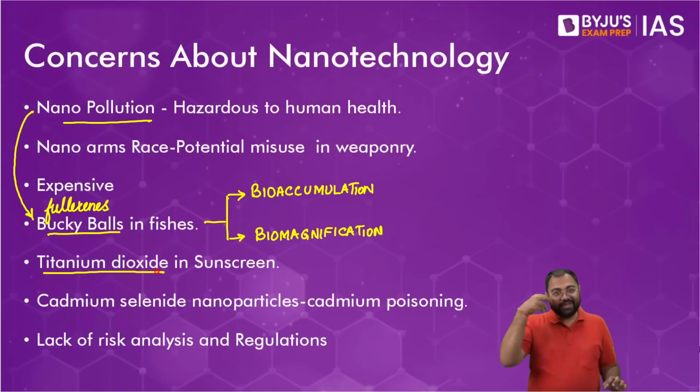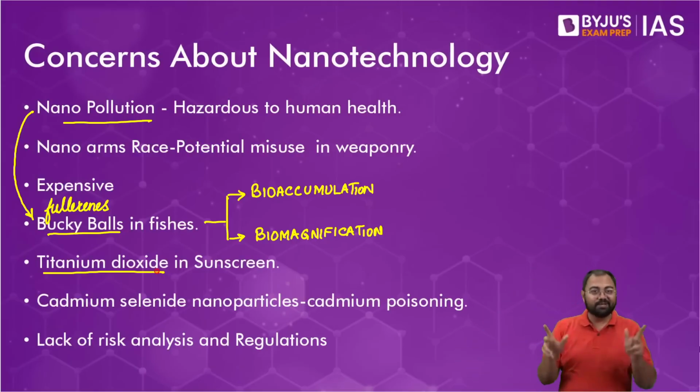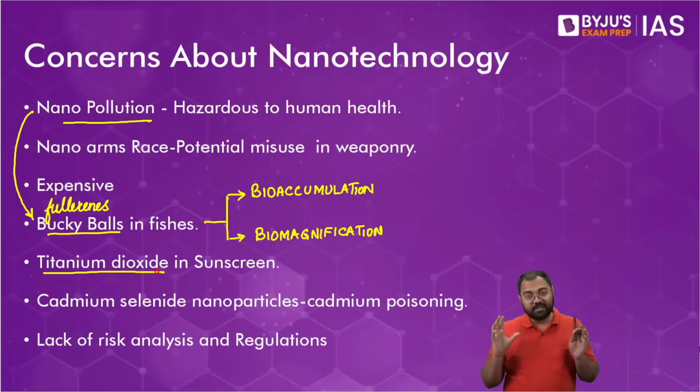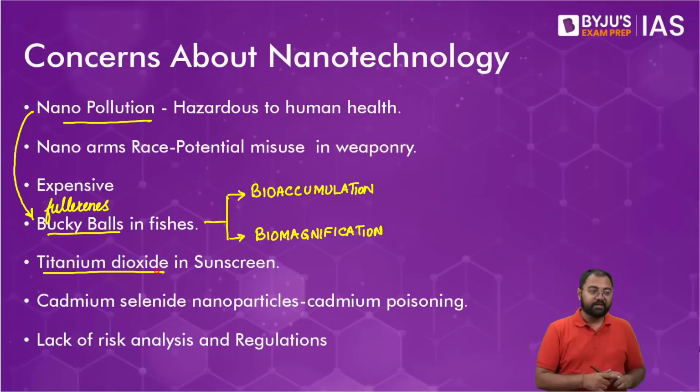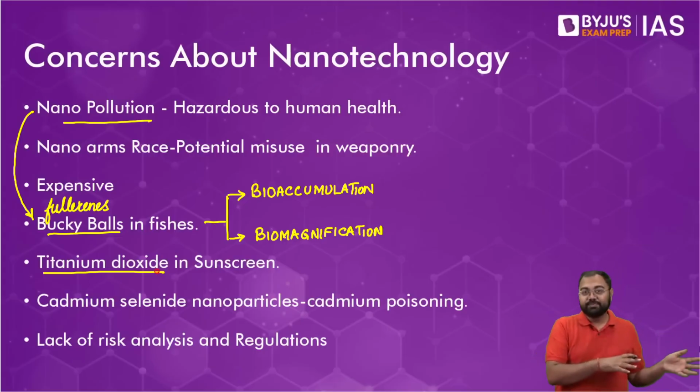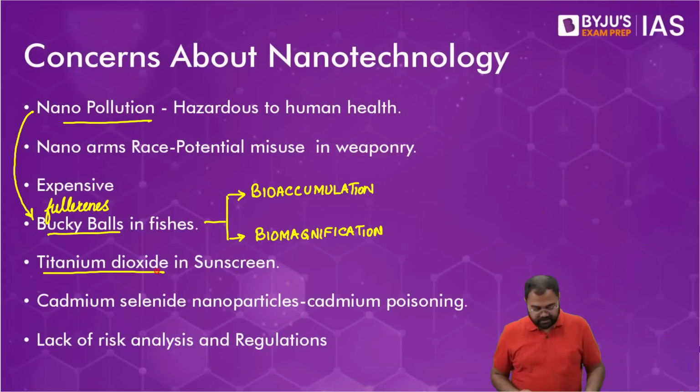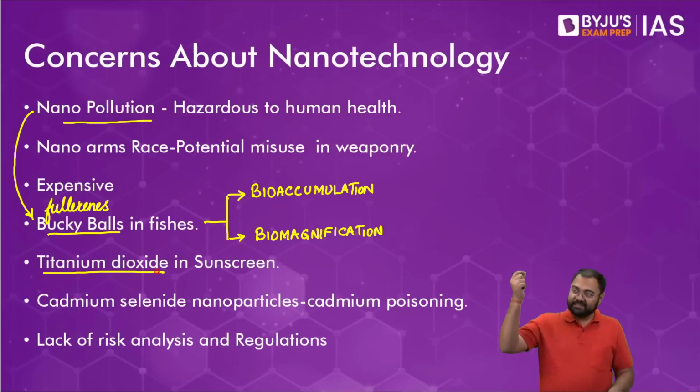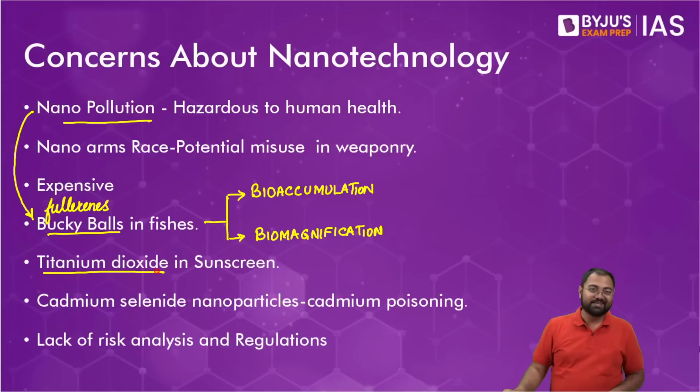They would not be able to enter inside the skin because of some technology that they are using. This is where titanium dioxide was being advertised a decade back, that a higher amount of titanium dioxide means that it will save you better from UVA and UVB radiations of the sun rays.